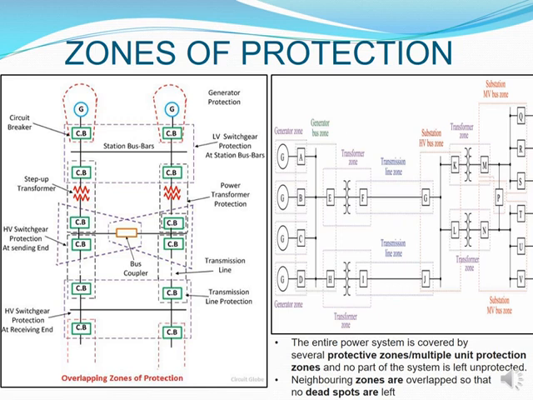Then the other set are the ones that are below our station bus bar. So these four circuit breakers can be utilized to isolate a fault that is happening within your station bus bar. And we call that another zone of protection, where now we are looking at your station bus bar.